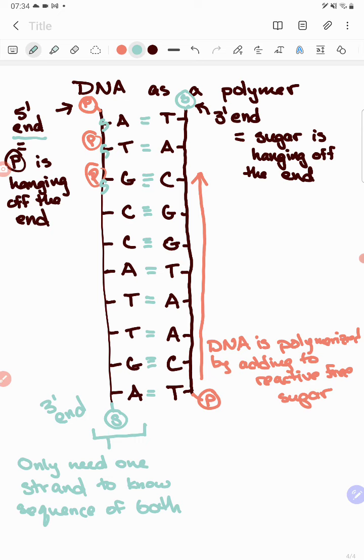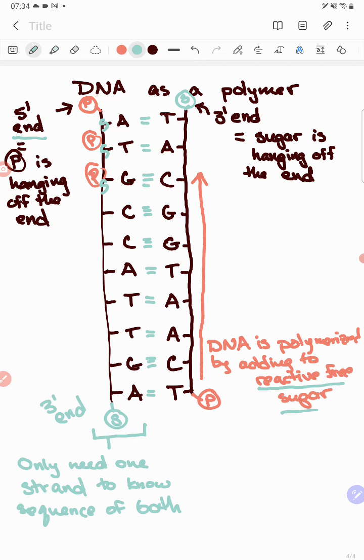DNA itself is only polymerized in one direction. It is polymerized in the 5' to 3' direction because it happens by using that reactive free sugar. You always need to have a free sugar with a reactive OH group in order to add to it.